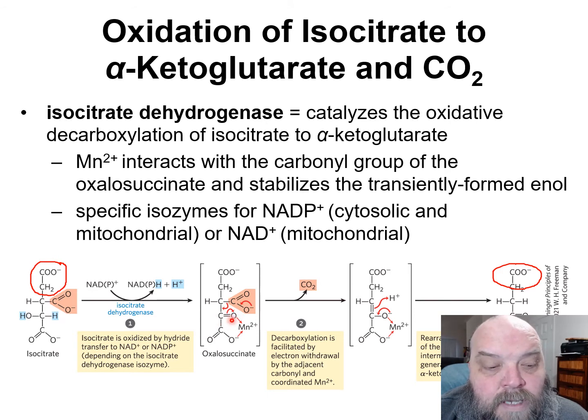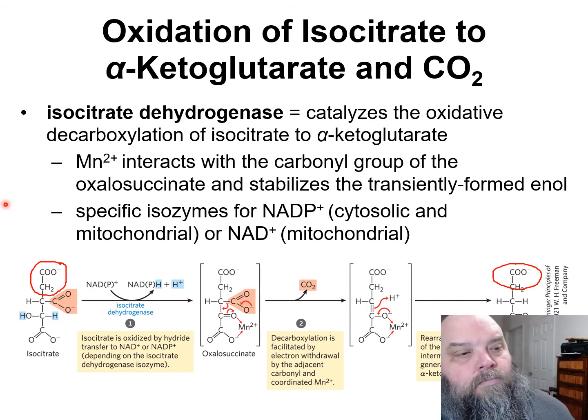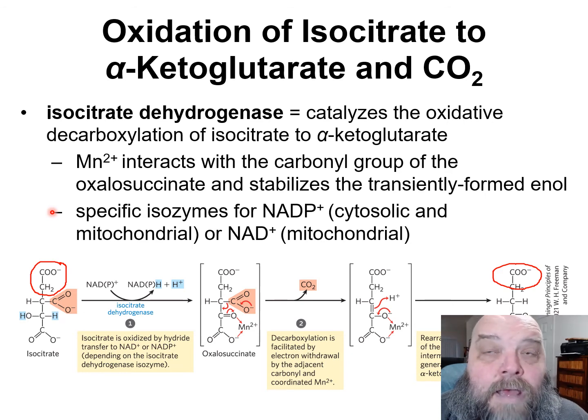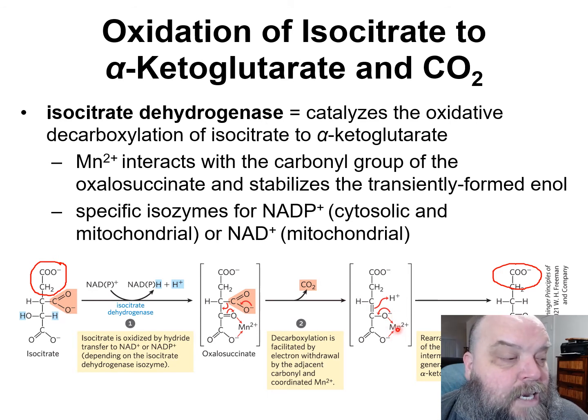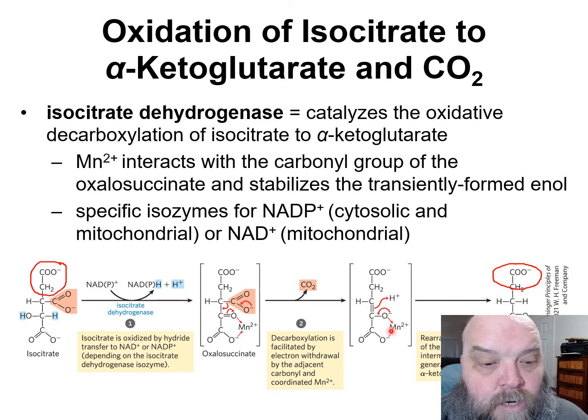This double carbonyl group is now going to interact with, sorry, misspoke, Mn, manganese. So we have an elemental manganese here that's going to act as an intermediate structure here, so that we get this cyclic structure, which is going to resolve as this carbon-carbon double bond is shifted over here to become the carbonyl.